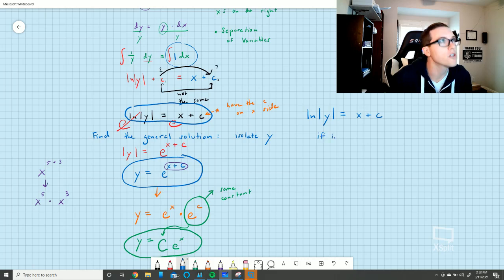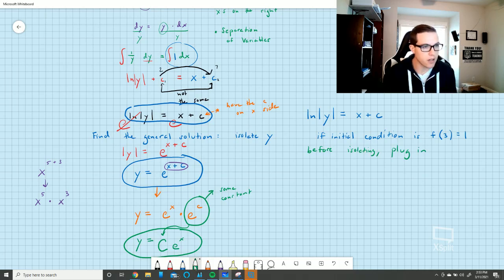So if the initial condition is, and let's say, for example, I gave you, it has to go through the point f of 3 equals 1. Well, now what you can do is plug in the initial condition. So at this point, before you isolate, plug in. I would plug in now.